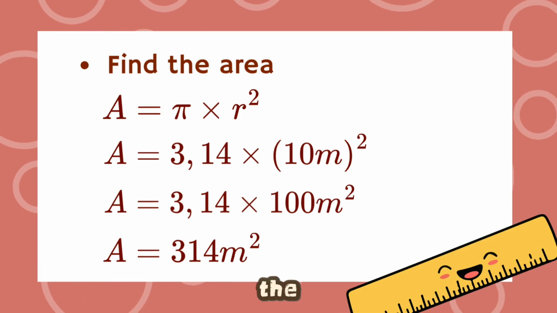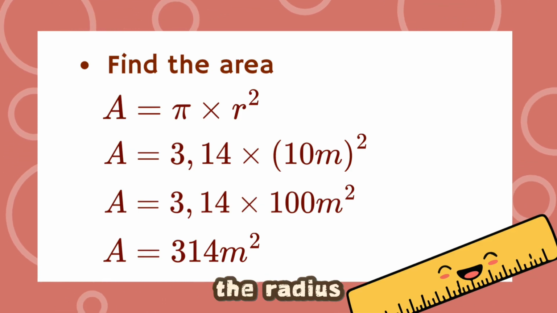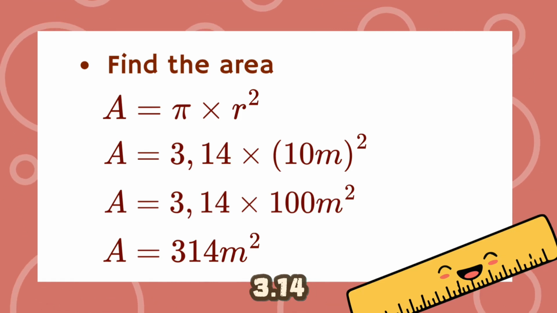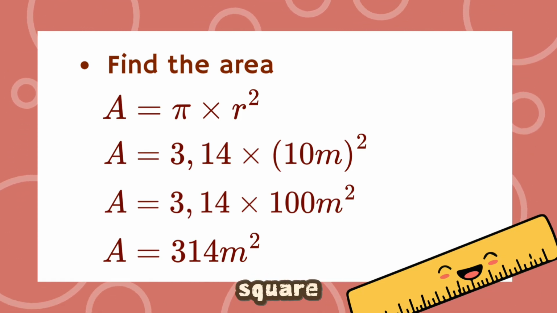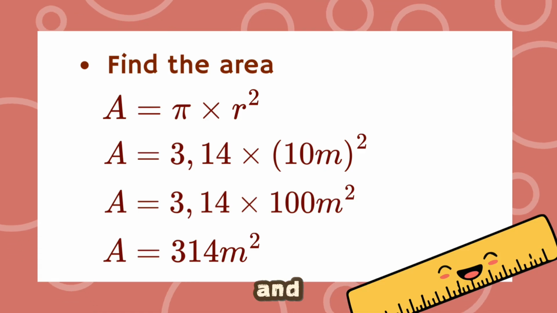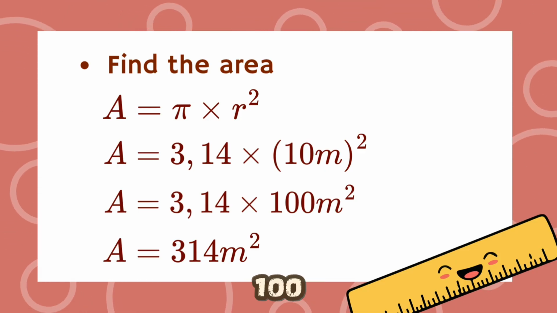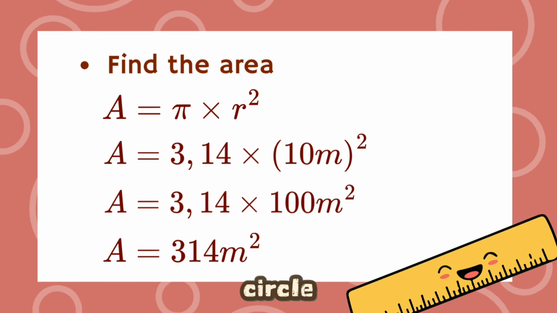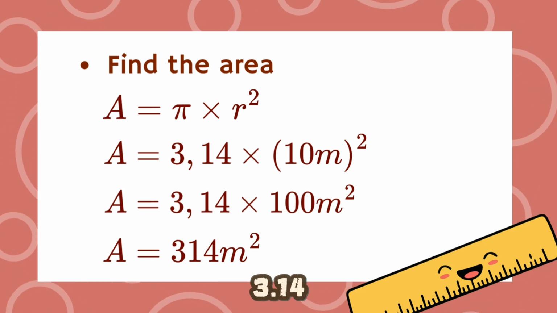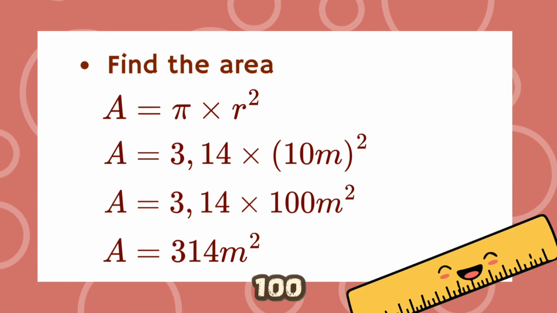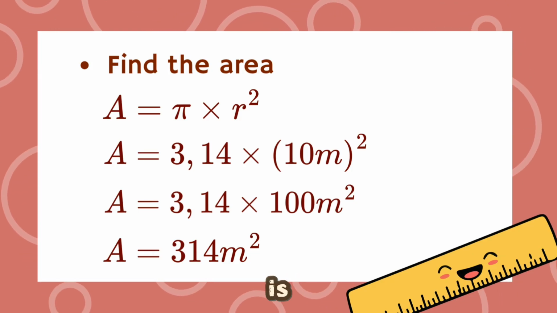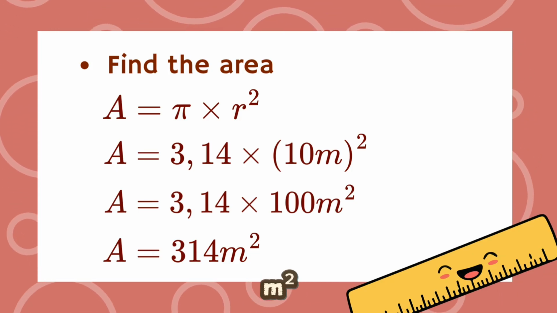We substitute the values of pi and the radius. The area of the circle is 3.14 times 10 squared. And 10 squared is 100. So the area of the circle equals 3.14 times 100, and we get the area of the circle is 314 square meters.